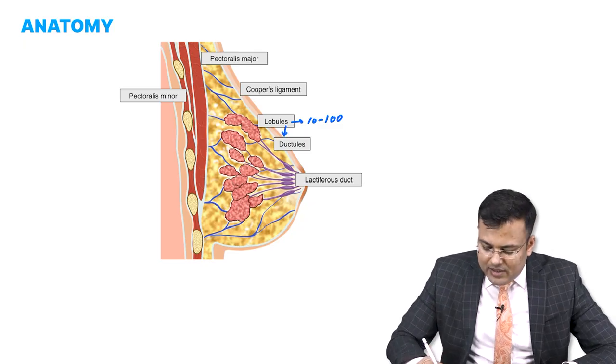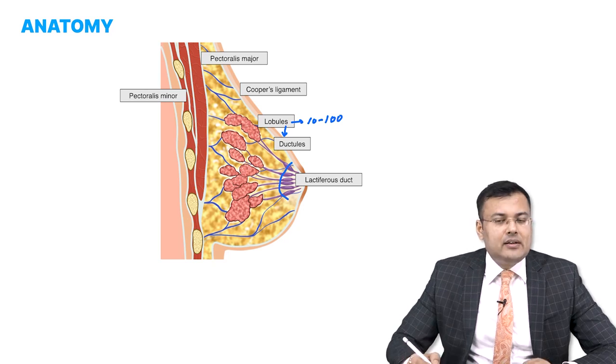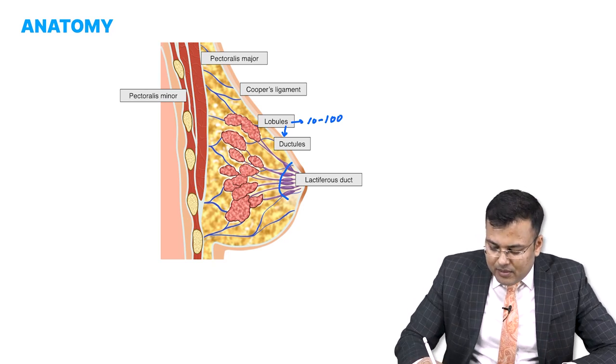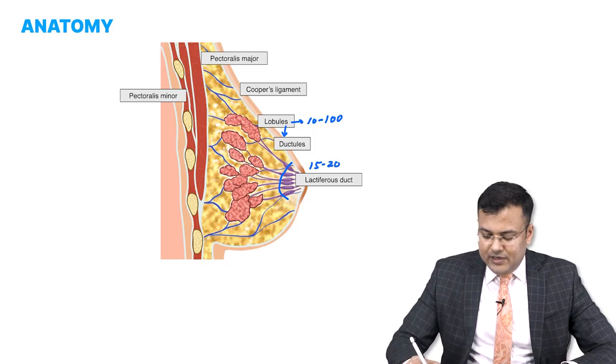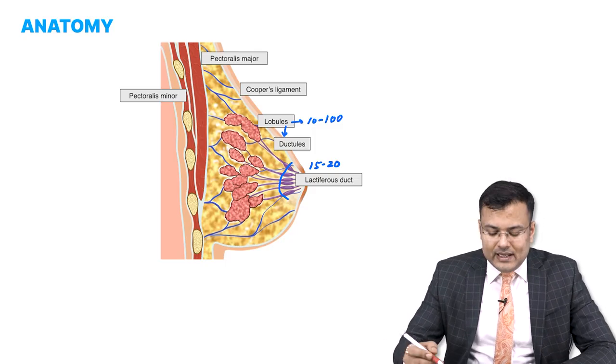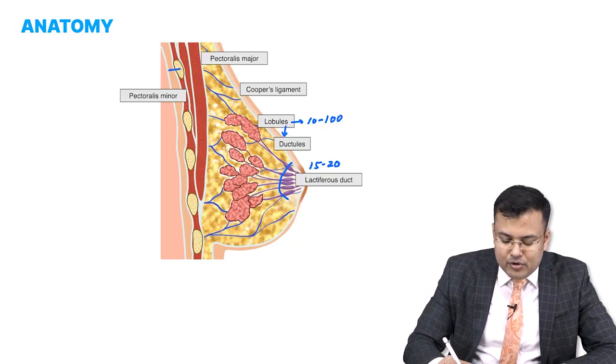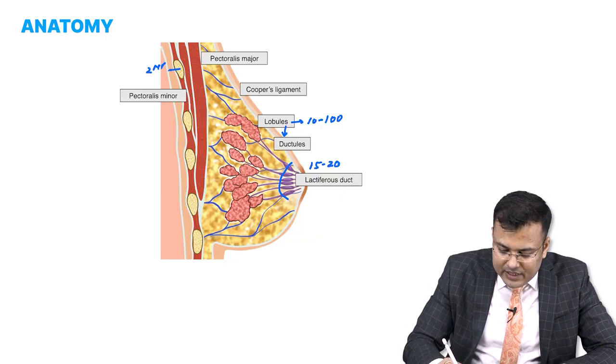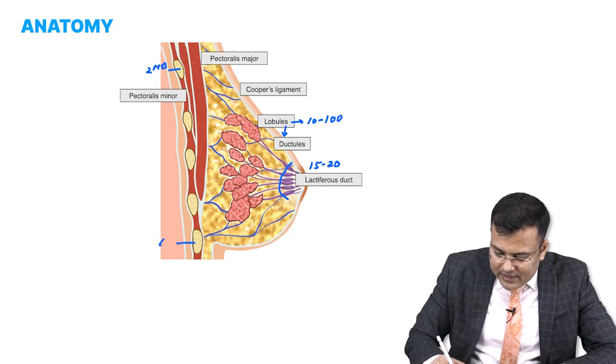And in one breast, how many lactiferous ducts are there? In each breast, there are approximately 15 to 20 lactiferous ducts. We discussed about the ribs, what is the extent.